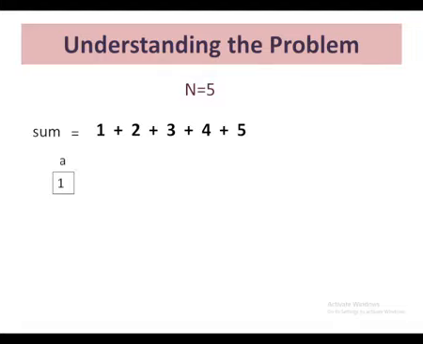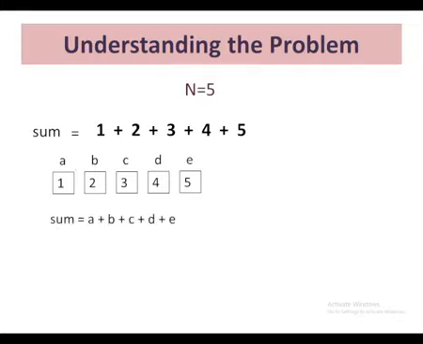One will be stored in one memory location, let us name it A. 2 will be stored in another memory location B, 3 at C, 4 at D and 5 at E. After storing this, we need to add all these and store it in sum. So sum equal to A plus B plus C plus D plus E. This is the process you need to do, and your final value, that is the result, will be stored in another memory location, referred to by sum.